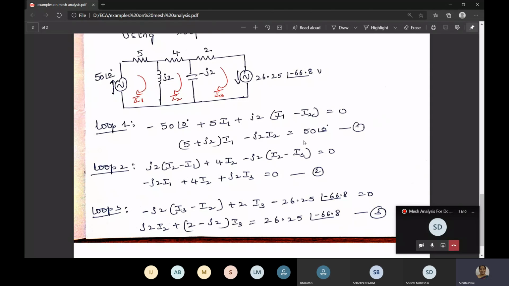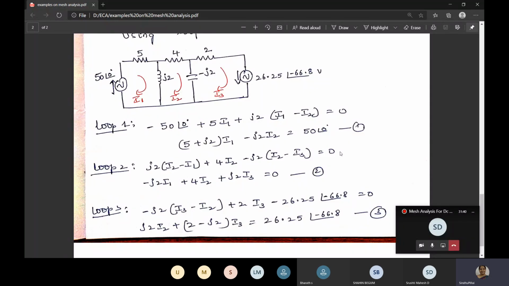How to find delta? Delta is found by putting all the coefficients of these equations in determinant form. Next, you have to find delta 2 by substituting the constants in the second column. When we divide delta 2 by delta, we'll get the current I2.